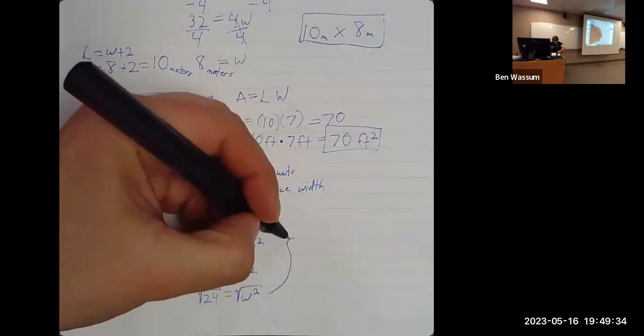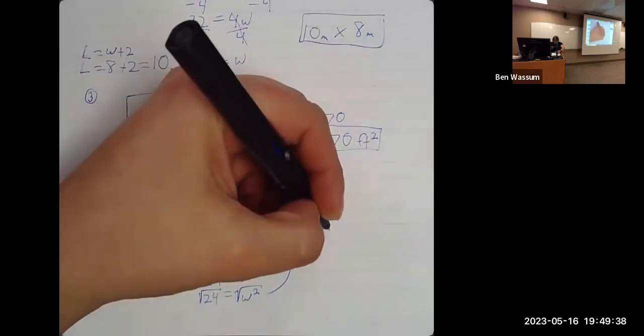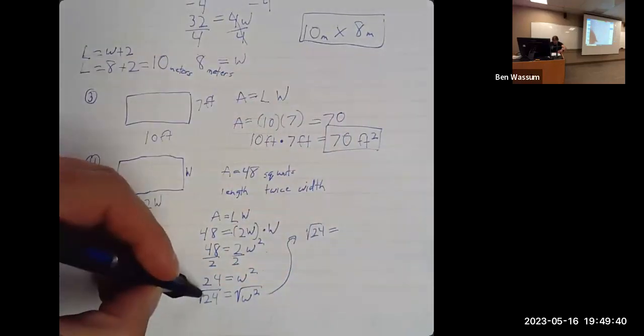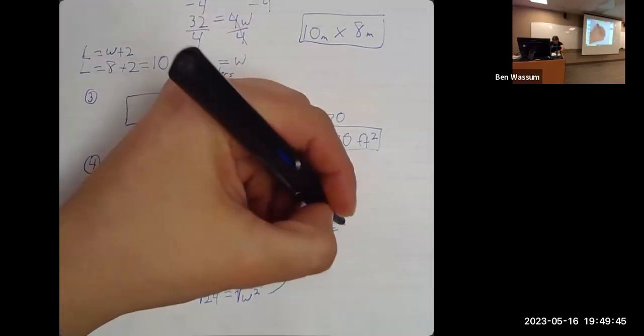Running out of room, but let me rewrite it right up here. Square root of 24, we haven't played with yet, but the square root of W squared is just W.